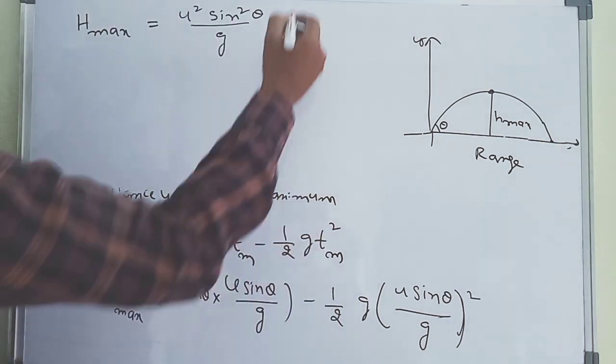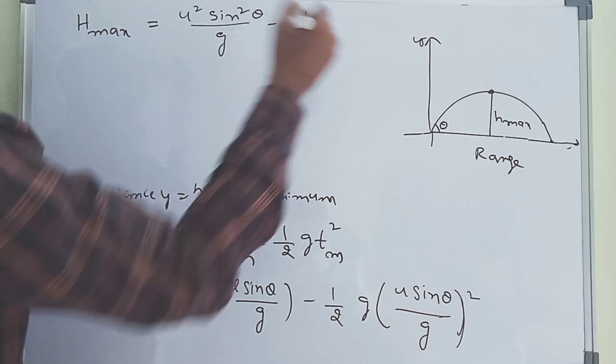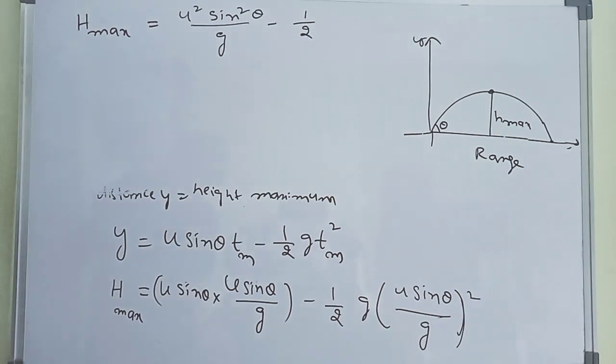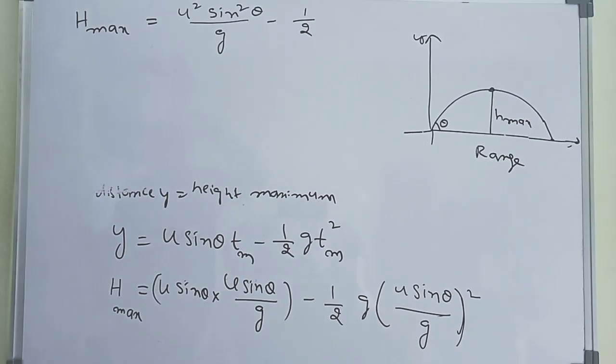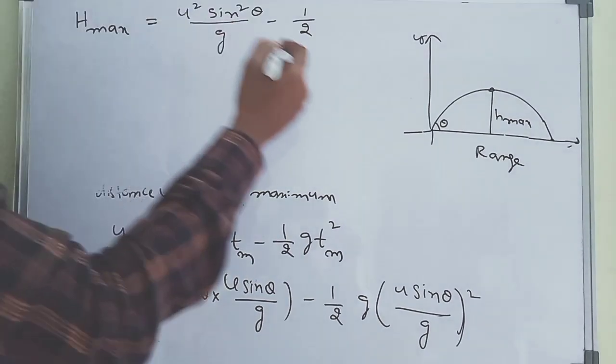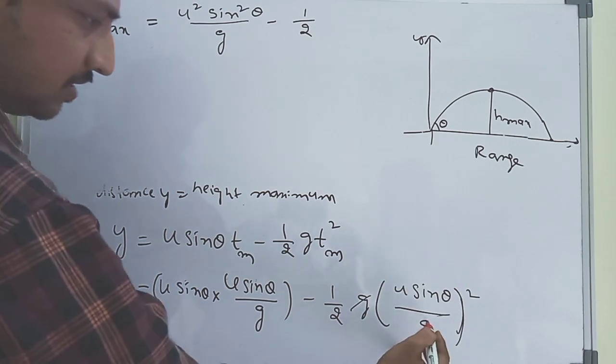minus 1 by 2, g into g square, so one g gets cancelled.